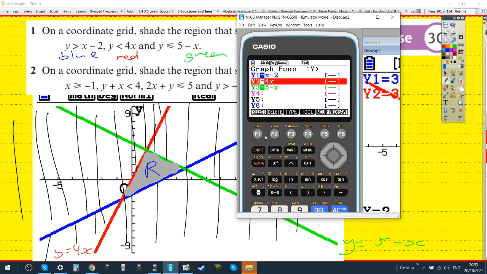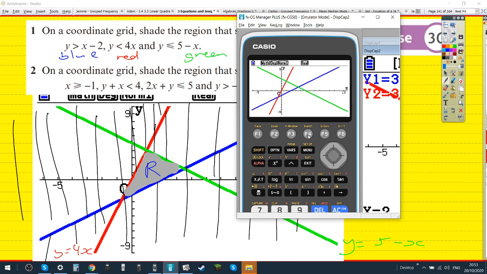So the second one was y is less than. Type, right, less than. And then y3 is less than or equal to. Type, right, less than or equal to. I have that as well. Let me press equals.